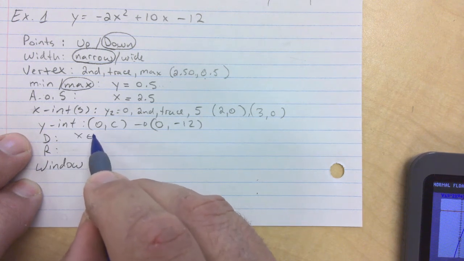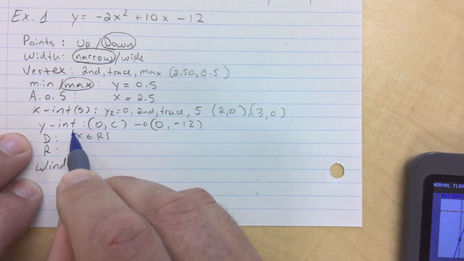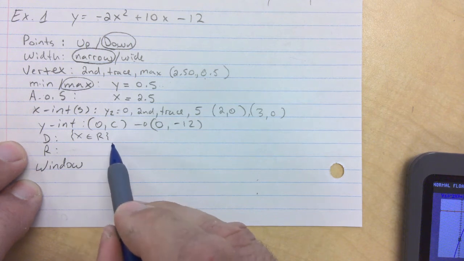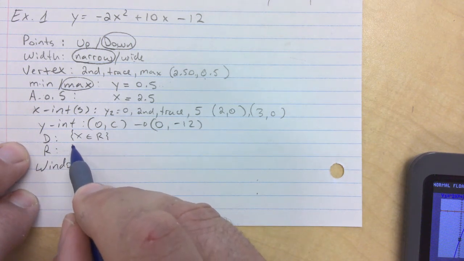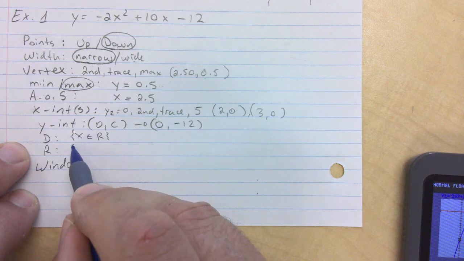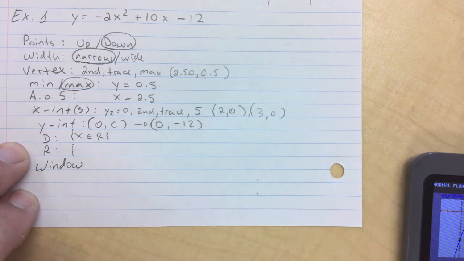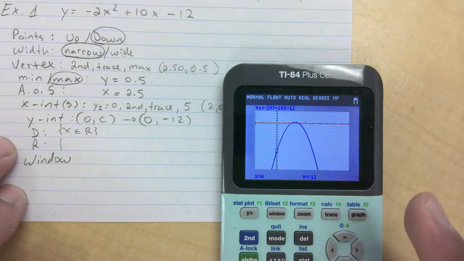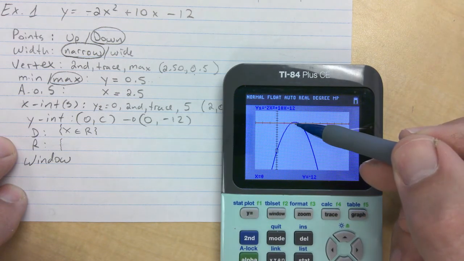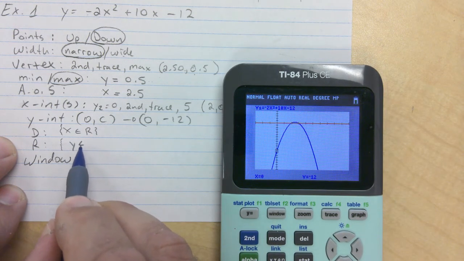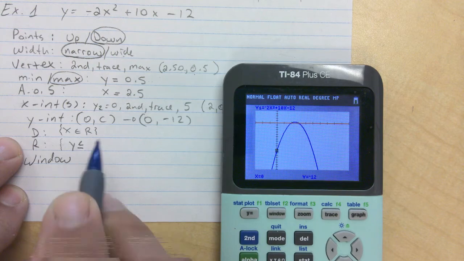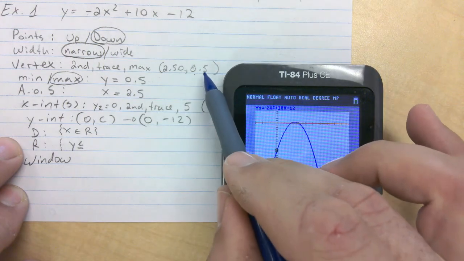Domain, I'm just going to stick with this one, easier for me. Range, what would you put for range? Let's look at our graph, maybe that will help us. This is the highest y value reached, so y is going to be less than or equal to, and there you just go look at your vertex.